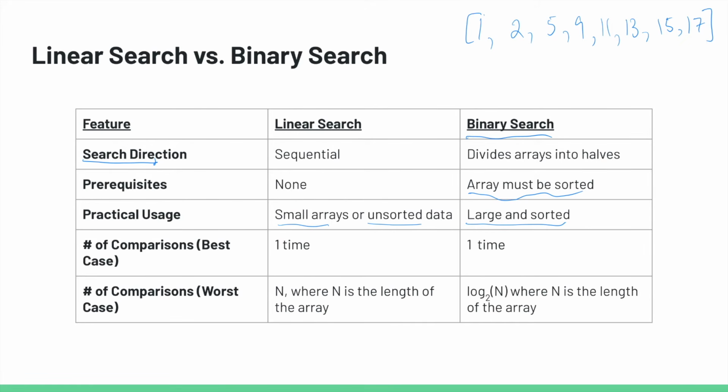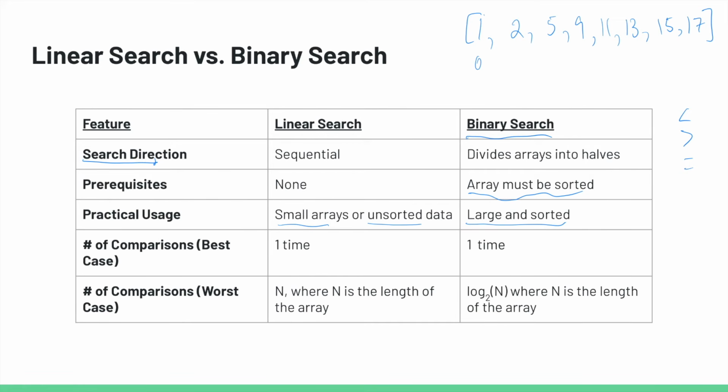Now the best case scenario for a linear search is one comparison. By comparison, I'm talking about checking whether the target is less than, greater than, or equal to a specific value. This is important because every comparison takes up a certain amount of memory and processing power. The best case scenario for a linear search is that the value we're looking for is at the 0 index.